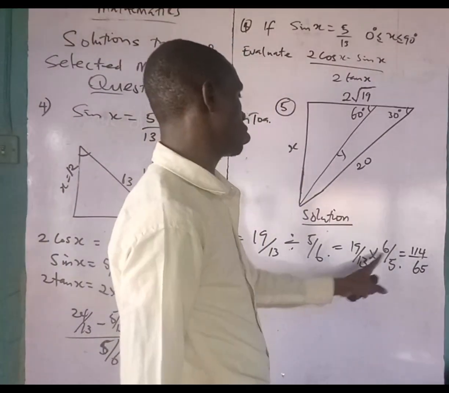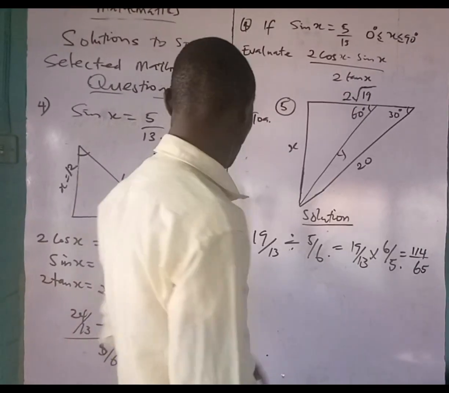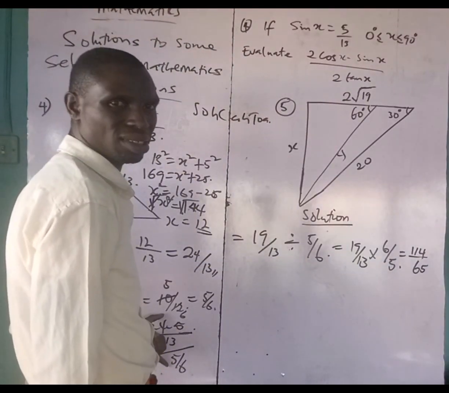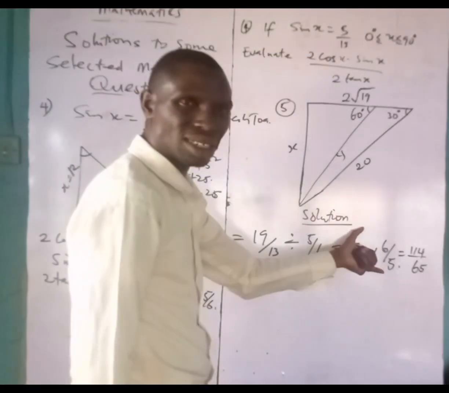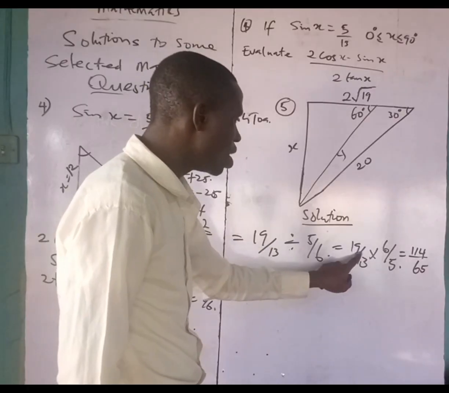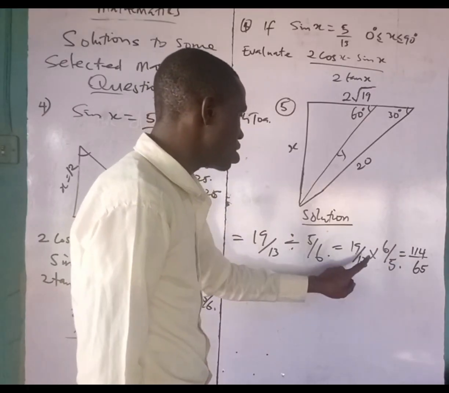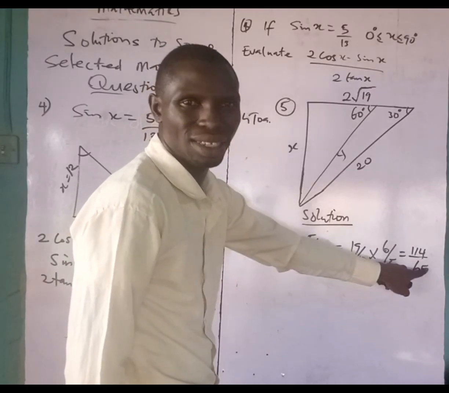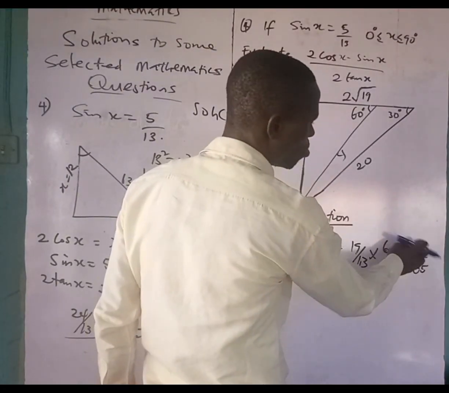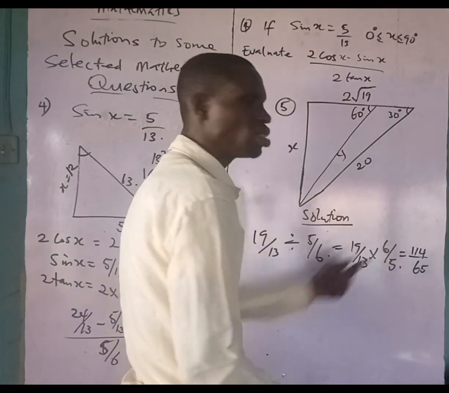So please don't forget, this can never be your answer. Neither can this be your answer. Always finish it. Numerator multiply numerator, you get this. Denominator multiply denominator, you get this. Please take note of that. Then there are some teachers that will not give you full marks because of this, so change it to a mixed fraction.